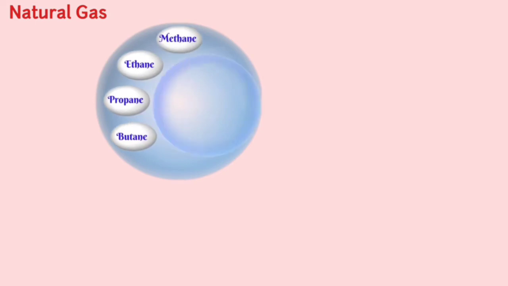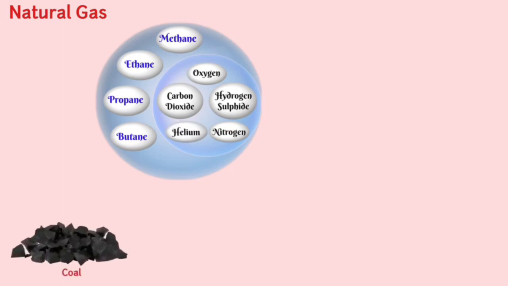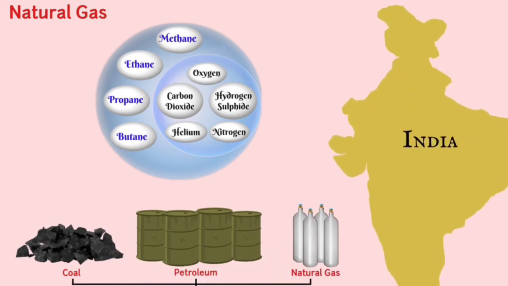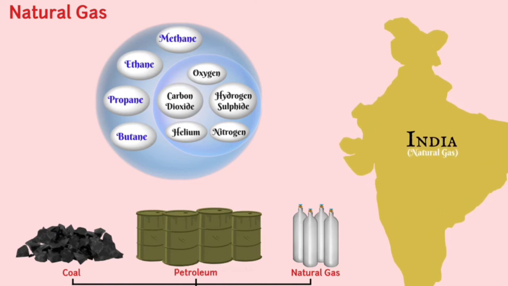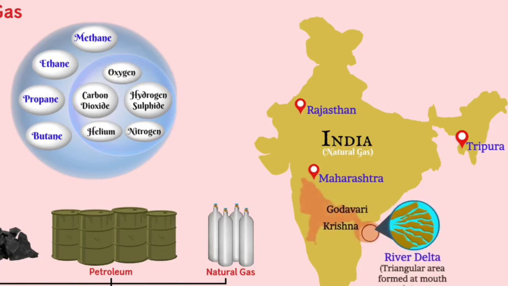It may also have carbon dioxide, oxygen, nitrogen, hydrogen sulfide, and helium. Like coal and petroleum, natural gas is also an exhaustible fossil fuel. In India, natural gas is found in Tripura, Rajasthan, Maharashtra, and in the Krishna-Godavari Delta.